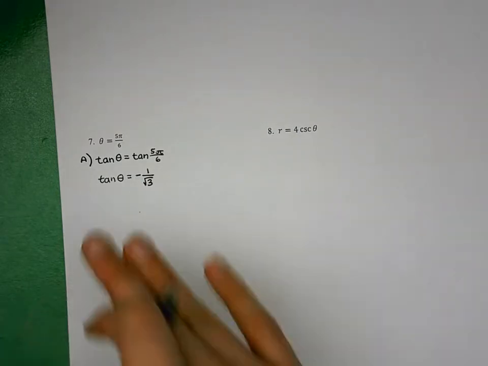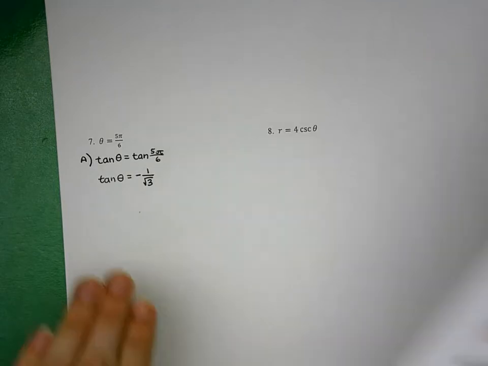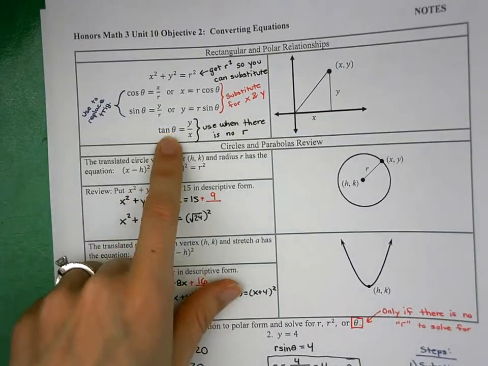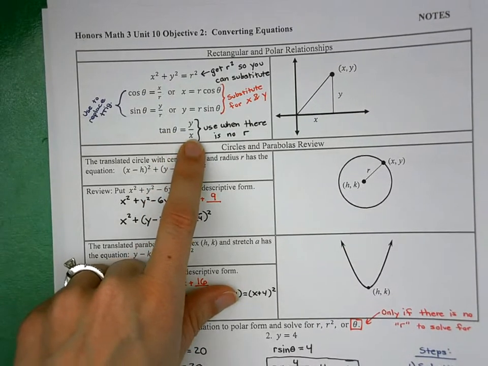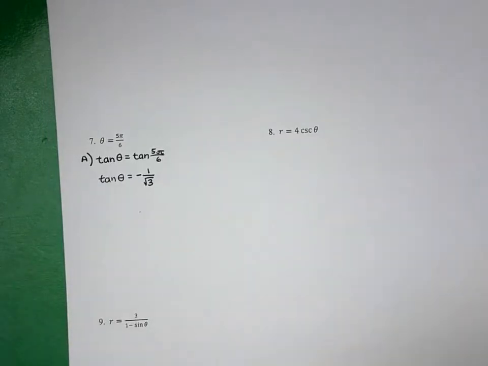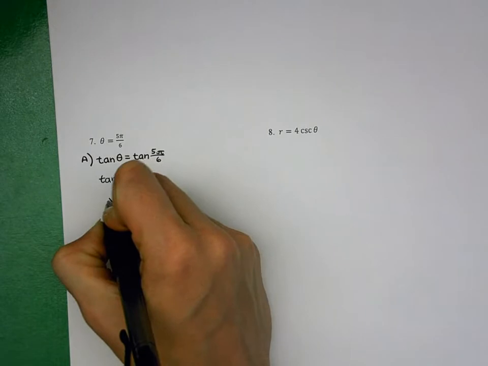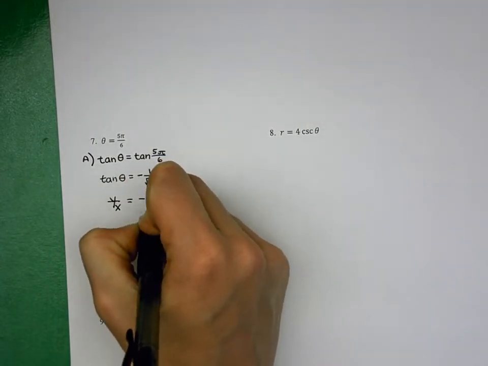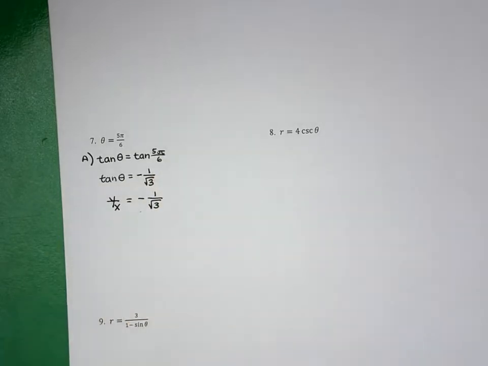And then we're going to go ahead and substitute in, because we want to get this into rectangular form, so we don't like our thetas and r's, we want y's and x's. And so tangent theta is y over x. And then the last step for each of your problems, your goal is to then manipulate your rectangular form into something that you can successfully graph.